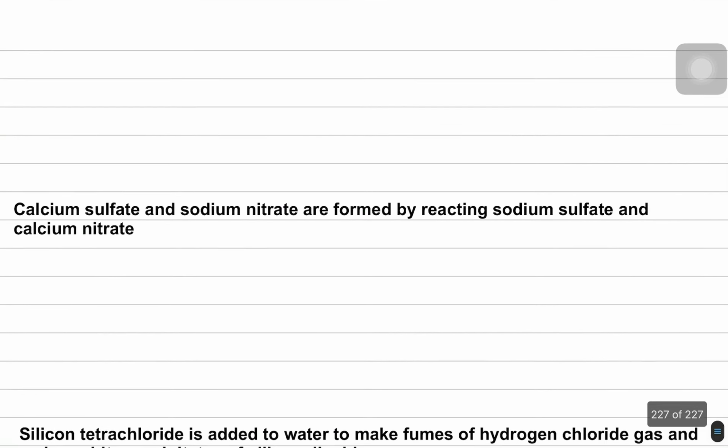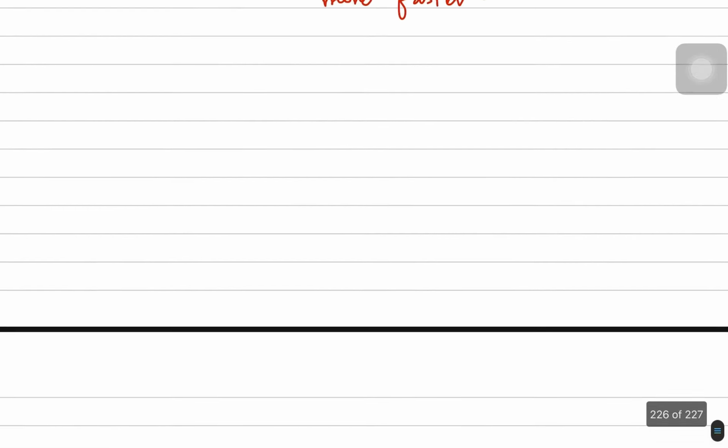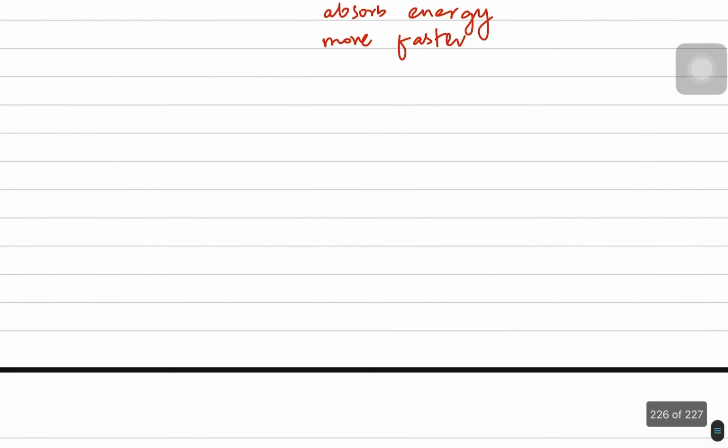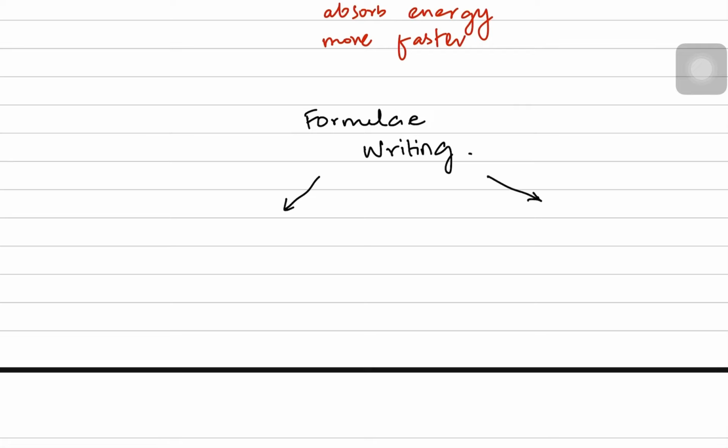Let's quickly go through the concept of formula making and equations. Before that, I'll revise the idea of formula writing. There are two kinds of compounds generally, ionic and covalent.